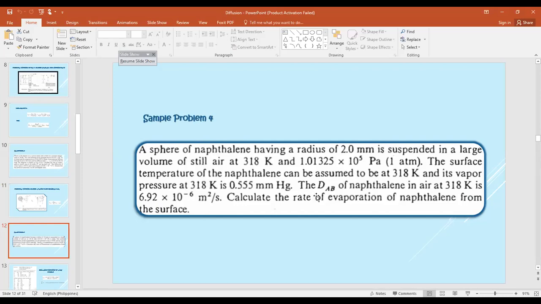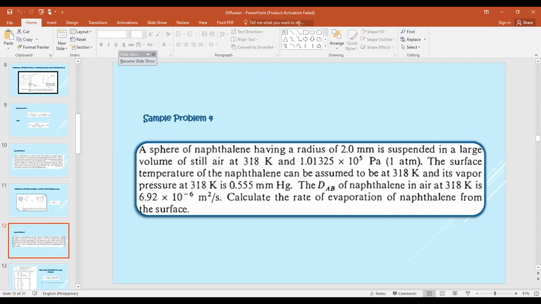Now, the molar diffusivity of naphthalene in air at this particular temperature is given to be 6.92 times 10 raised to negative 6 meters squared per second. Again, we calculate the rate of evaporation, and we're after the flux of naphthalene from the surface.